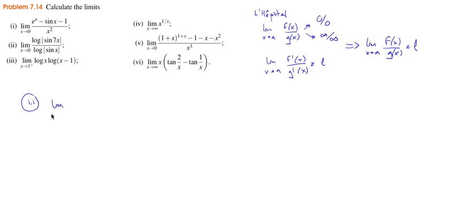The limit when x goes to 1 on the right of the logarithm of x times the logarithm of x minus 1. Okay, so the logarithm of x is going to go to 0, right? And the logarithm of x minus 1 is going to go to minus infinity.